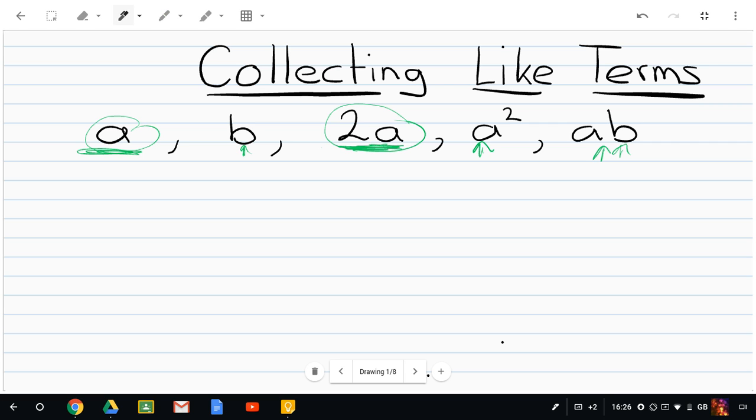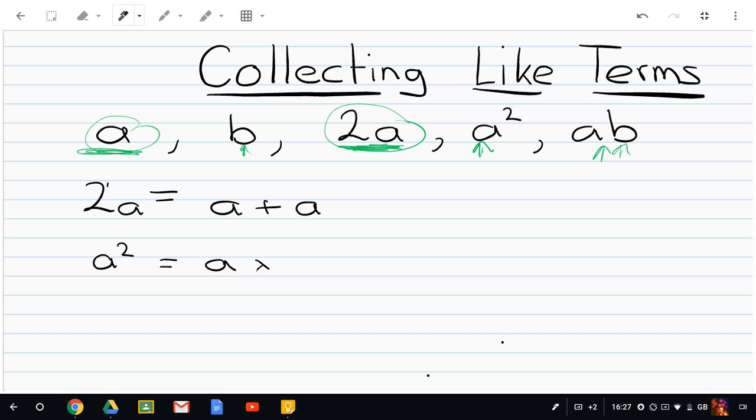Let me show you. If I have 2A, it actually means A plus A. If I have A squared, that means A times A. It's not so obvious what the difference is here, but if I substitute A equals 5, I can put it into here.